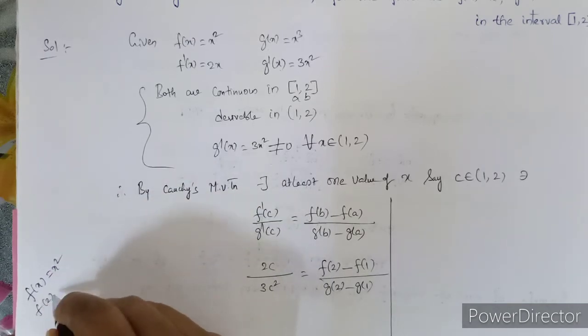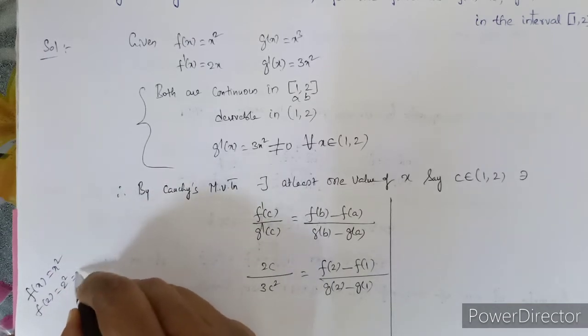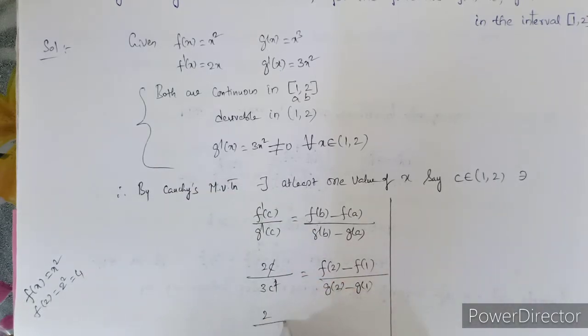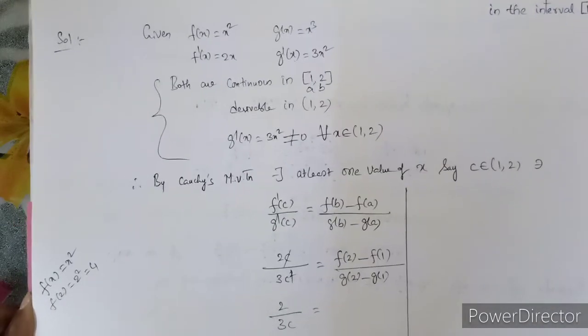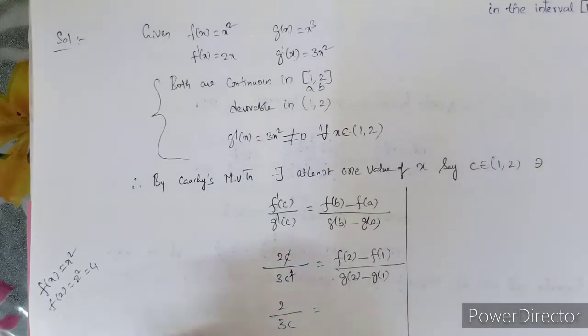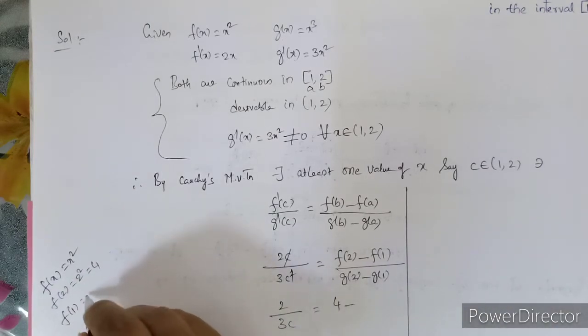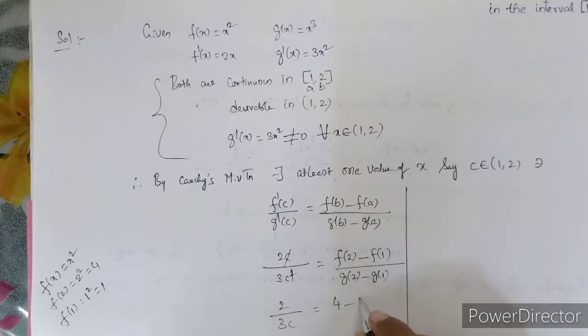F of 2 is equal to 2 square, that means it is 4. Cancel c. 2 by 3c is equal to f of 2, here is 4, minus f of 1 is 1 square, that is 1, by g of 2 minus g of 1.